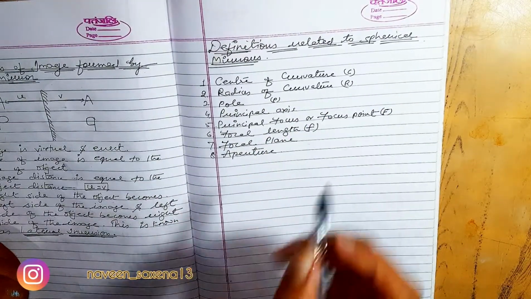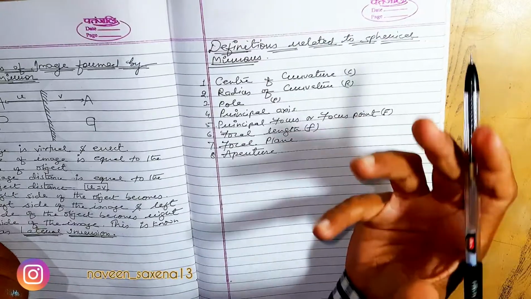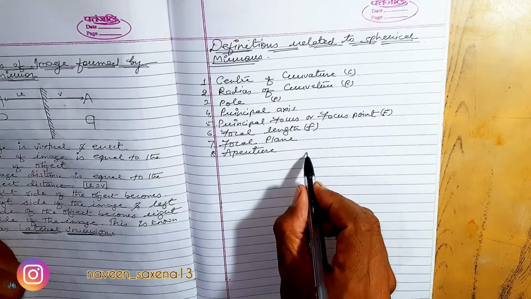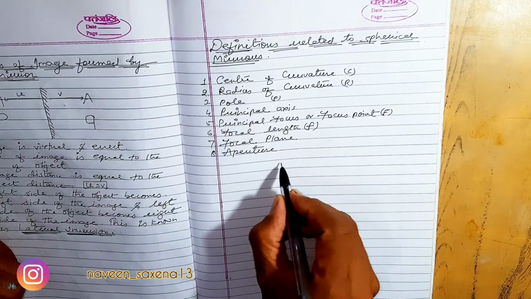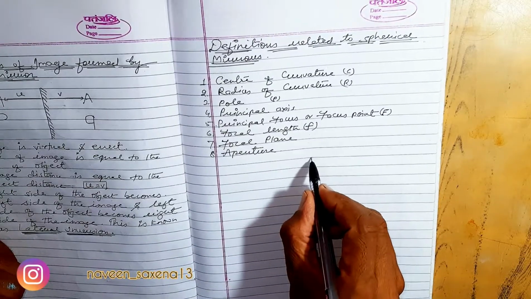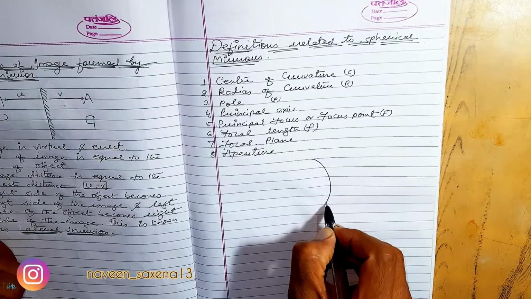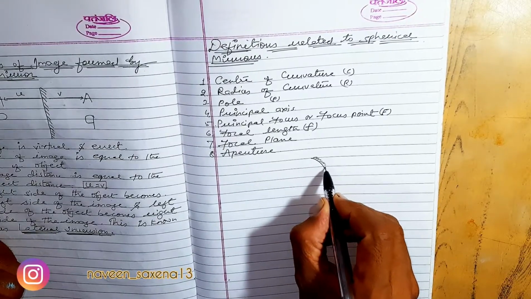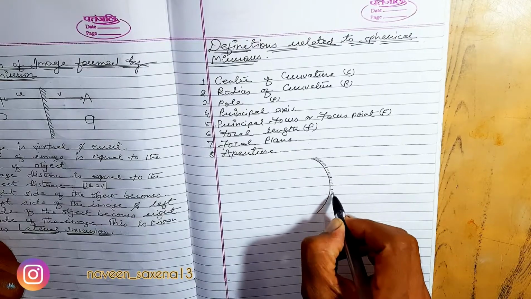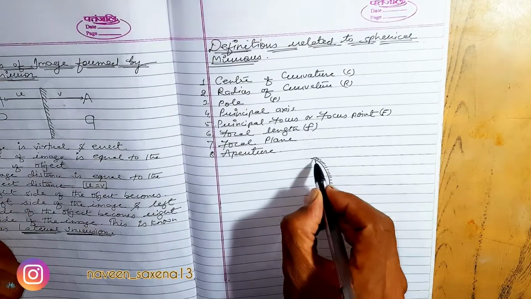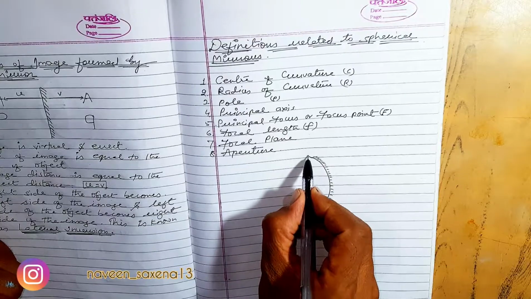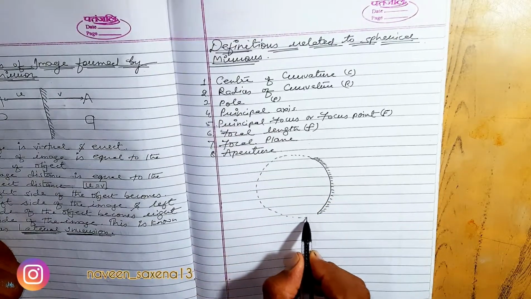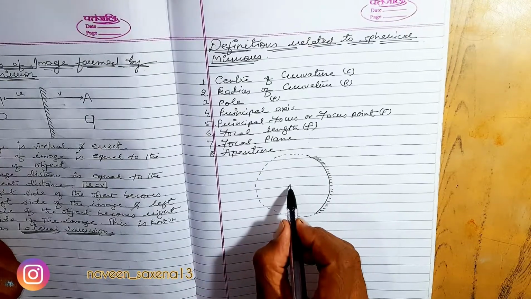As we know that spherical mirrors are the part of a hollow glass sphere. This is concave mirror and it is part of a hollow glass sphere.